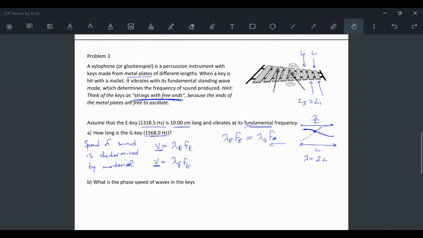So the wavelengths can get bigger because the lengths are getting bigger. So what we can do is replace these wavelengths here with 2 times the length of the E key, and 2 times the length of the G key. The 2's cross off. What we want to solve is the length of the G key. So that's just a bit of algebra at this point.